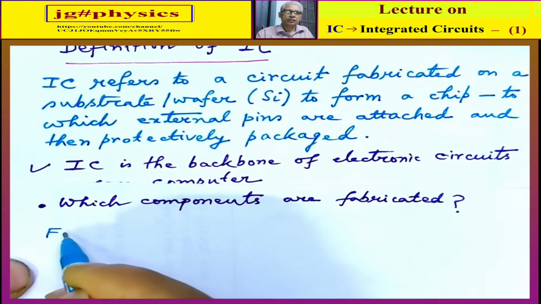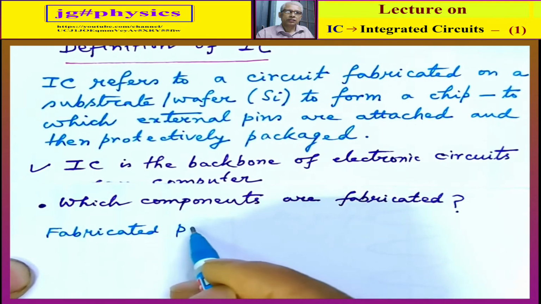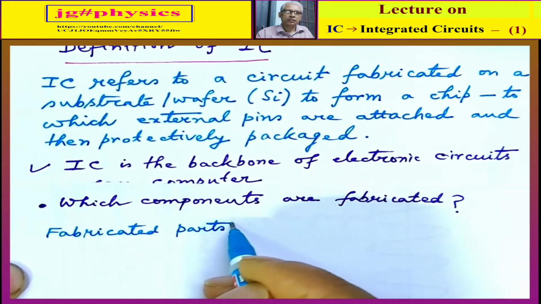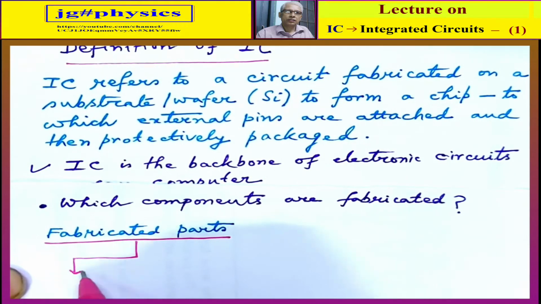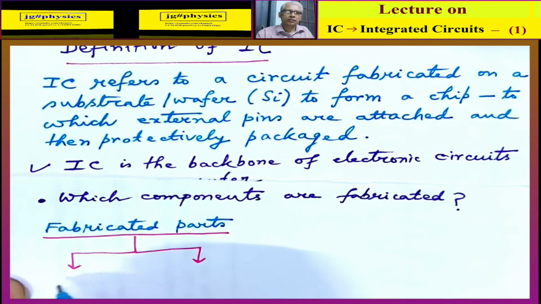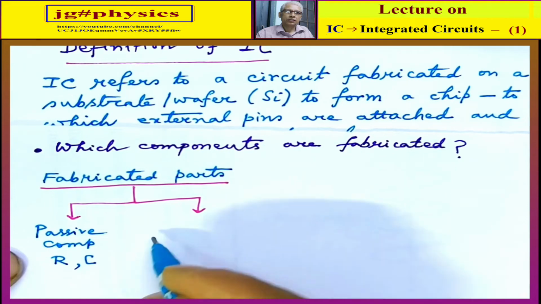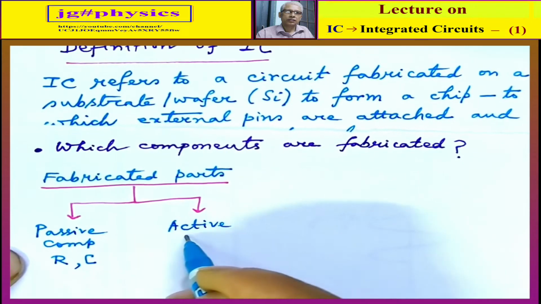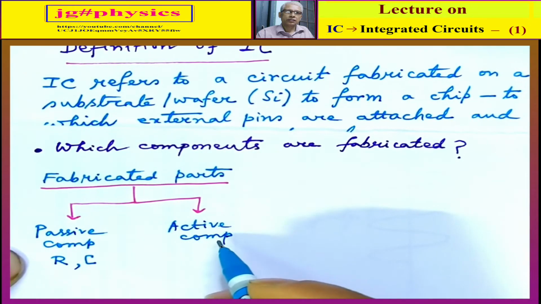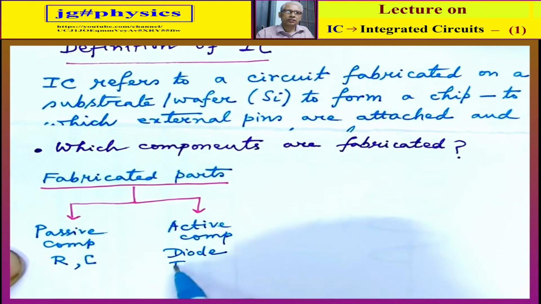The fabricated parts are passive components like resistor, capacitor, as well as active components like diode, transistor.